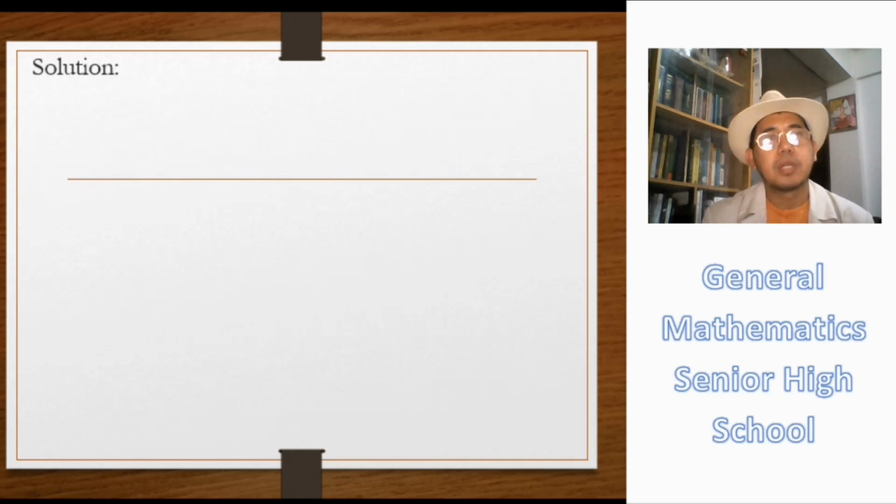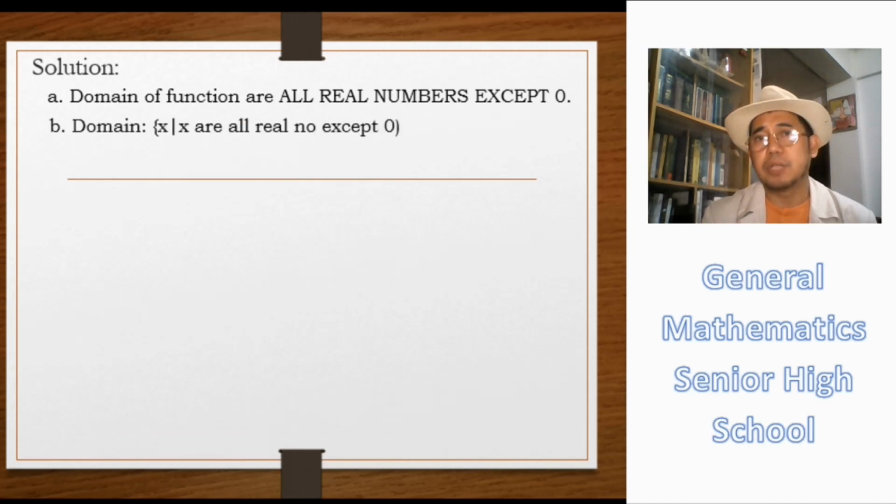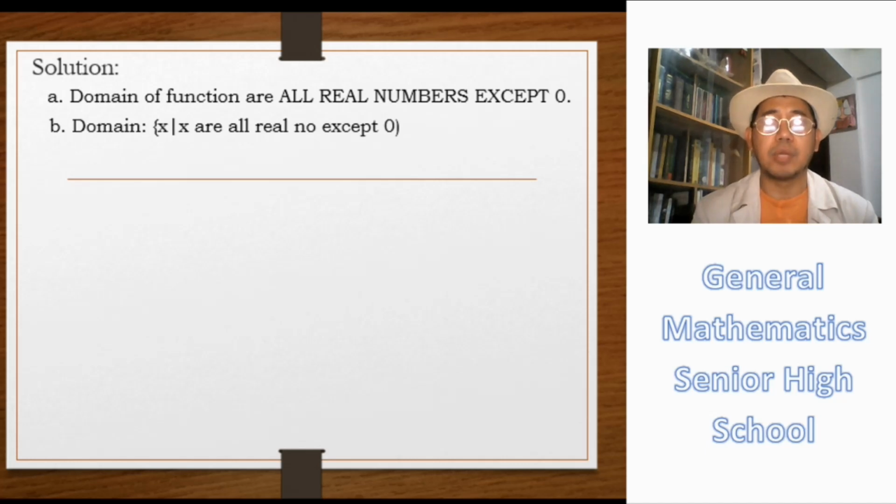Let's start. So what is the solution of f of x is equal to 1 over x? Of course, we have to determine the domain, so that the domain of that function are all real numbers except 0. Why except 0? Because the limitation is that the denominator must not be 0. After having now the domain, that's the time we're going to state the possible x that we will be considering in evaluating the function.